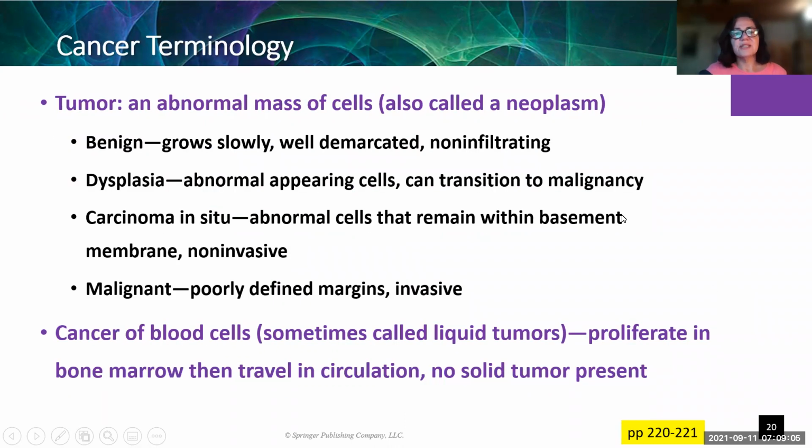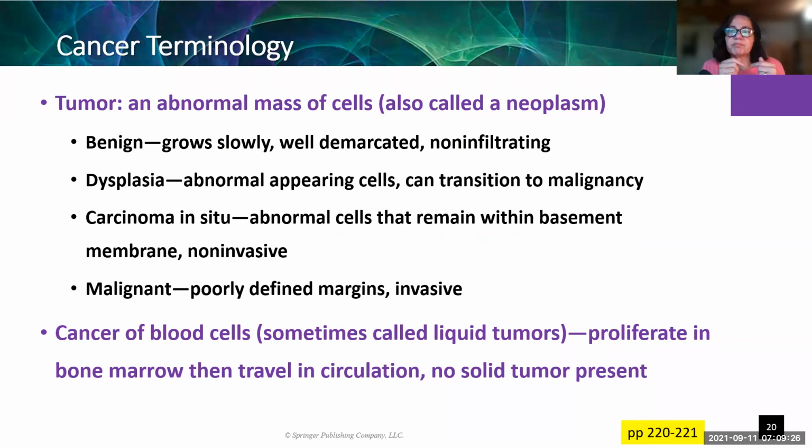Some terminology, I'm not going to read them all to you. You can read. There's terminology here. The one I wanted to point out, carcinoma in situ, you'll still hear this. It's in Latin. It means there's carcinoma, there's cells that are behaving badly, abnormal cells, but they're still contained.